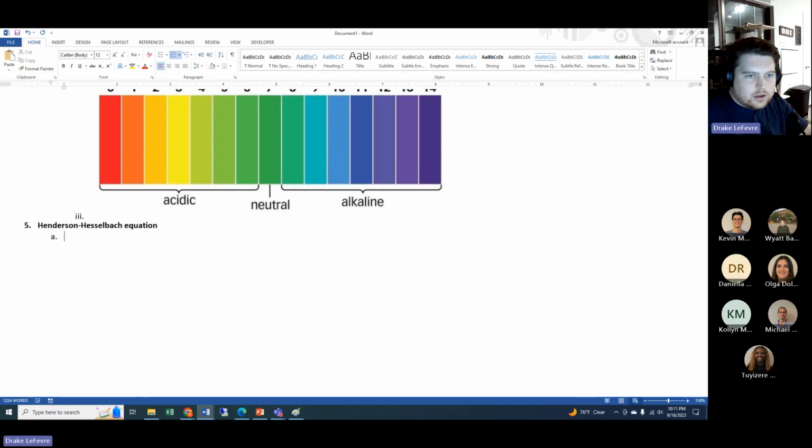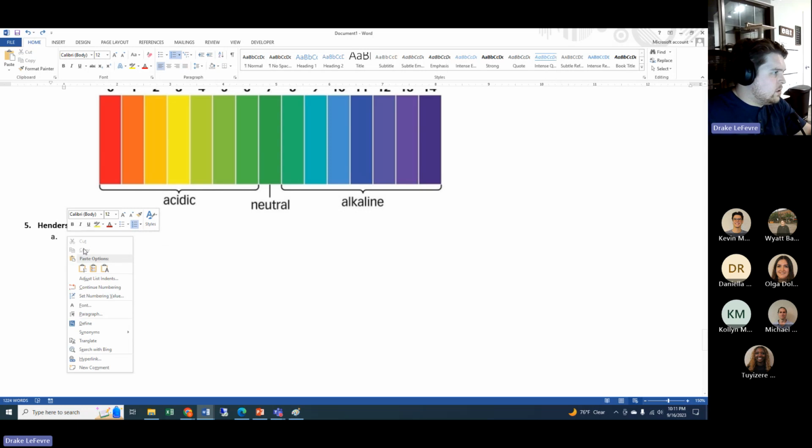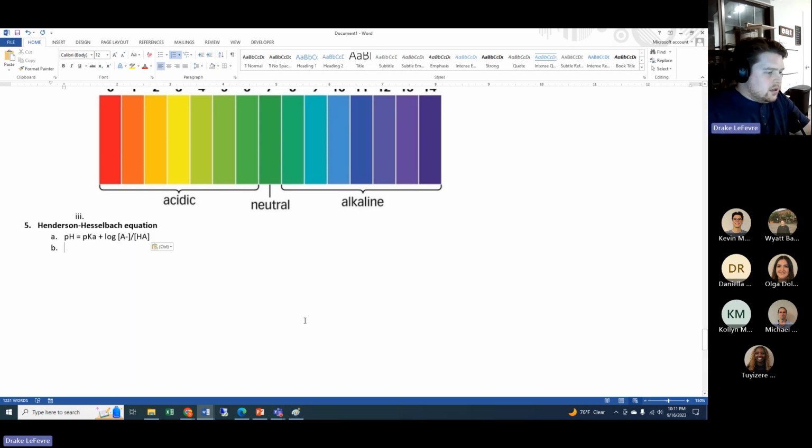Okay, so this is our Henderson-Hasselbalch equation right here. What I do every single time, you'll want to start doing now. If you can start doing this now, you'll be in much better shape throughout the whole trimester.